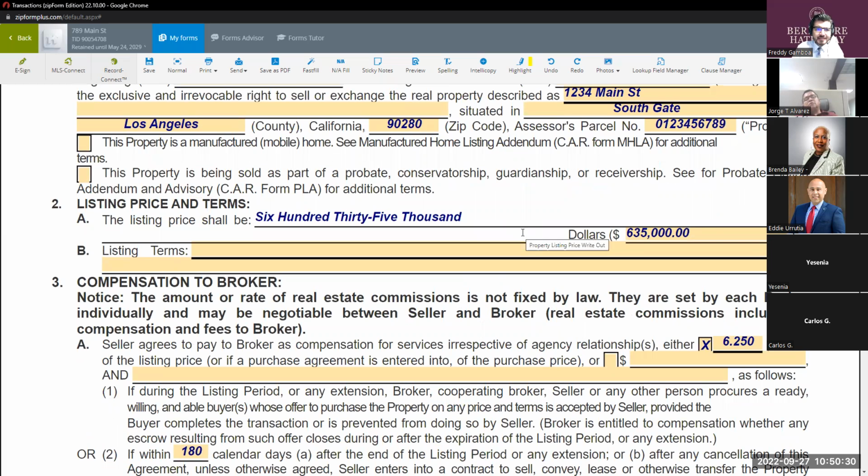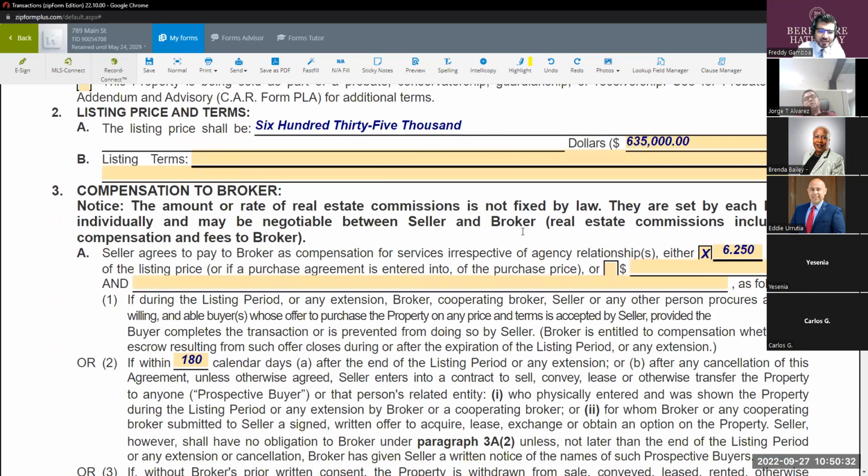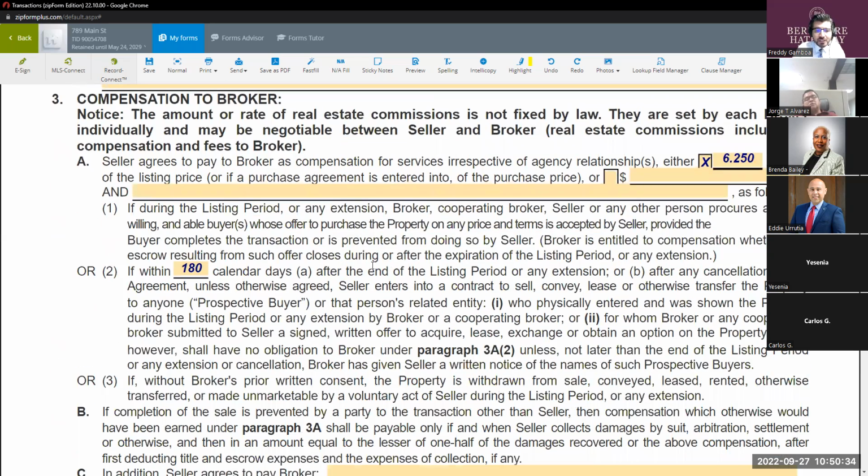But now you're saying, Mr. Seller, just to let you know, if someone comes back within 180 days, and I give you a list of all these prospect buyers that came in and wrote an offer, and you refuse or decline those offers, and they come back and purchase this property, and you transfer this property to someone else, guess what? I'm going to be entitled to that commission.